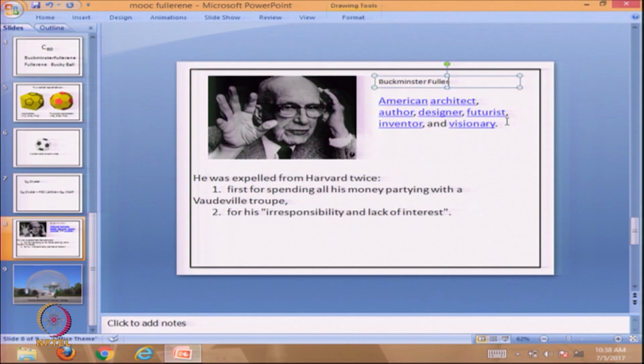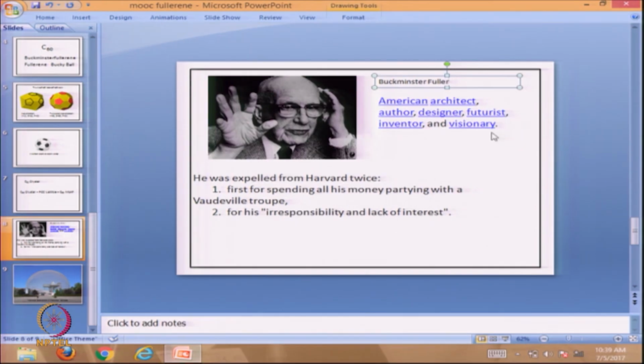The name fullerene comes from an American polymath named Buckminster Fuller. So, I show him there, a very famous American architect, author, designer, inventor.